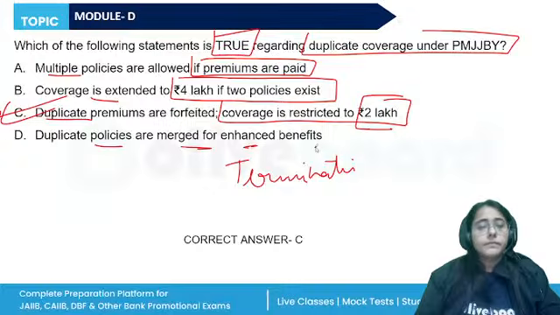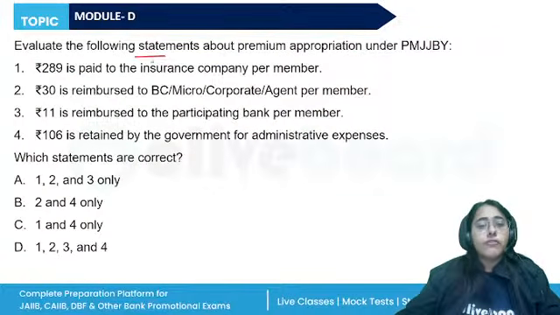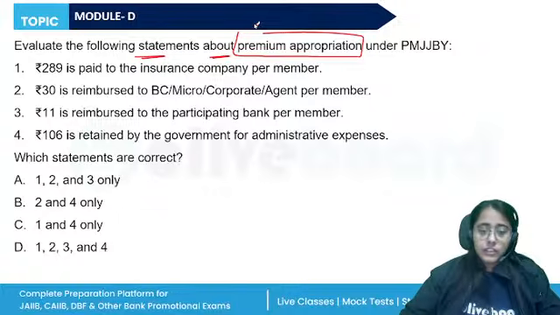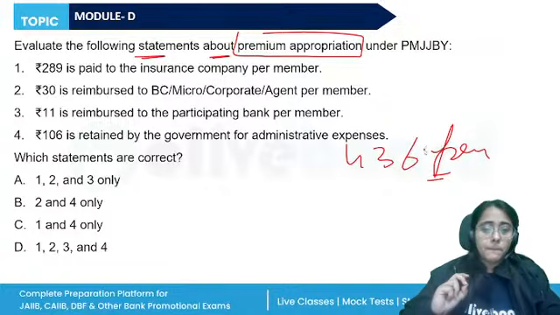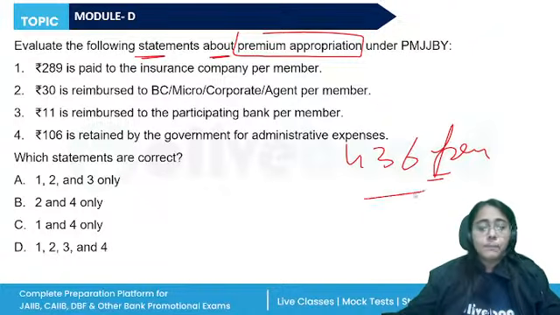Okay, then evaluate the following statements about the premium appropriation under the Jeevan Jyoti Bima Yojana. The premium is 436 per member.